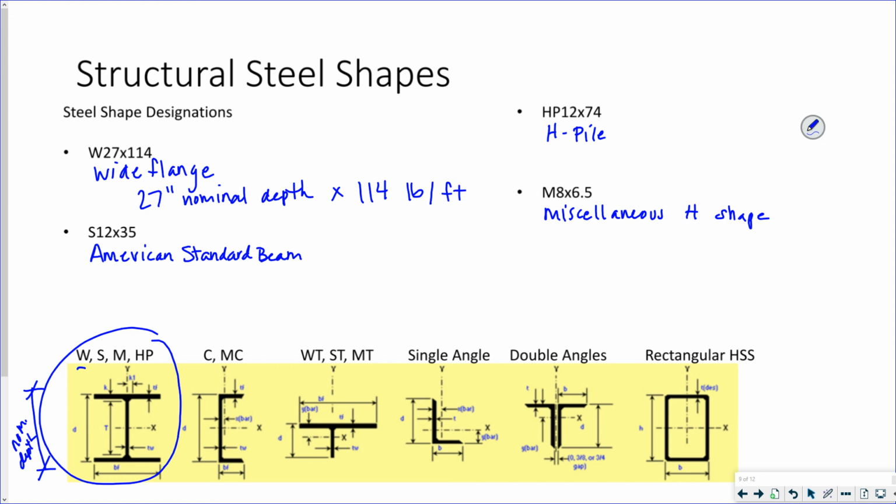So if I look at my next one, it has a 12-inch nominal depth, and it weighs 35 pounds per foot.